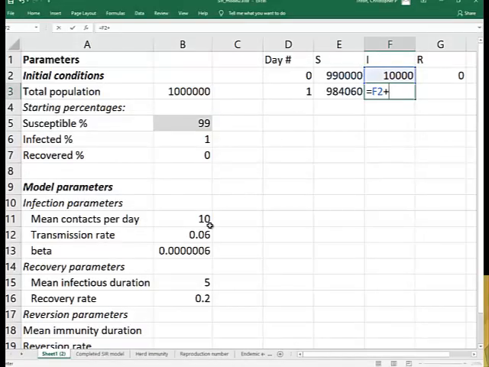So this is going to be equal to beta, which is this value, or let me just type in beta. That's probably better for me to do that. Okay, then times the S value, which is here. It's the S value from the previous day times I. Then I have to subtract those who recover.